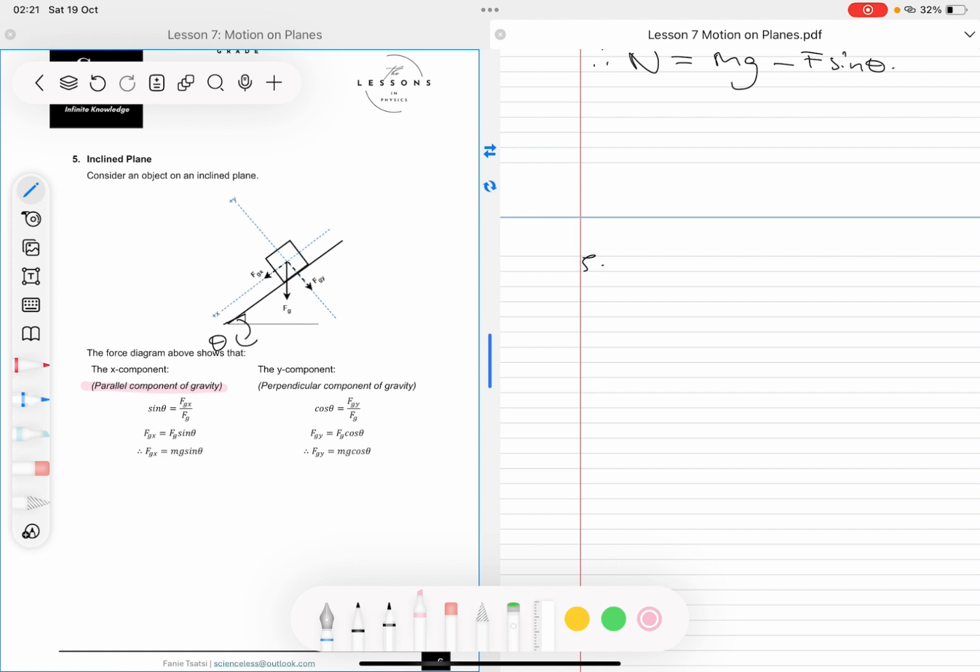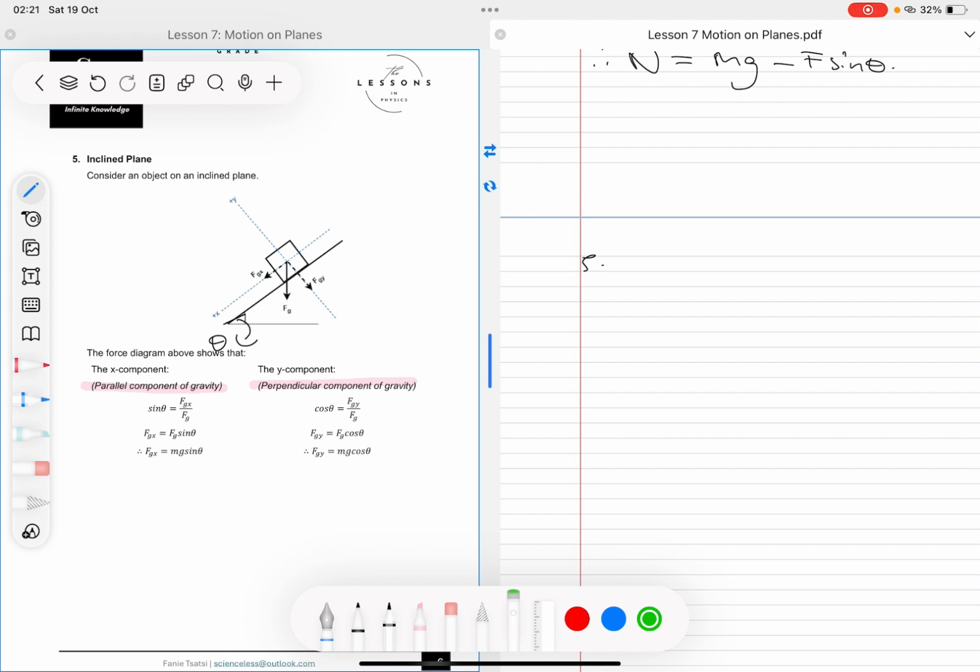And the other component, the y component, is called the perpendicular component of gravity, right? So this component is perpendicular to the surface. It makes a 90-degree angle with the surface, hence it's called the perpendicular component. Or you can simply say it's the x and the y component, because it lies on the x-axis and it lies on the y-axis, hence we call them that way.